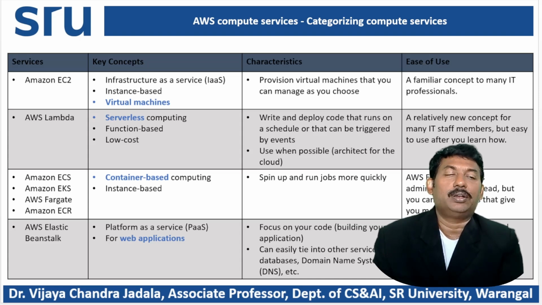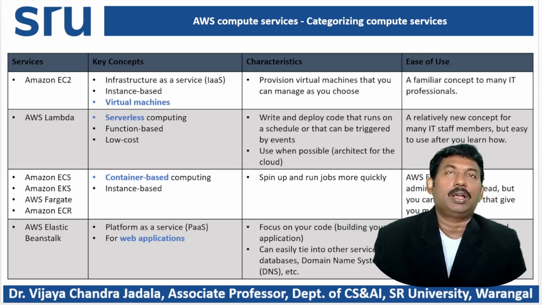Then comes the next concept, Amazon Elastic Container Registry, which provides you the Docker images. Then Amazon Elastic Container Service, a container orchestration service that supports Docker. This ECS will support Docker, and the Docker images are provided by ECR.